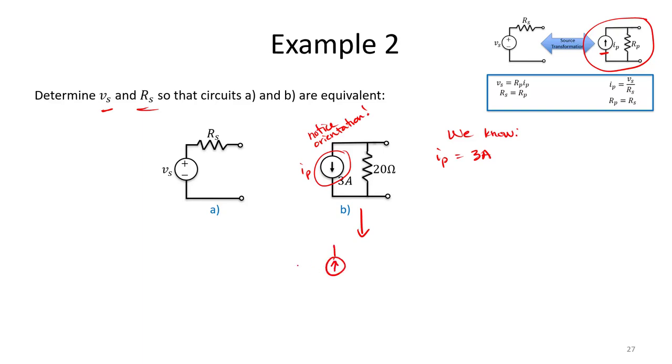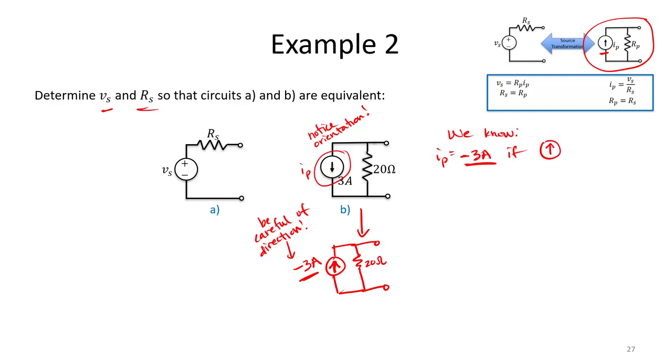We can equivalently write that this circuit is the same as a 20 ohm parallel resistor and negative 3 amp current source, with that current source pointing upward. So be careful of the direction. It turns out our parallel current is actually going to be equal to minus 3 amps if the source is oriented in the same way as our picture.